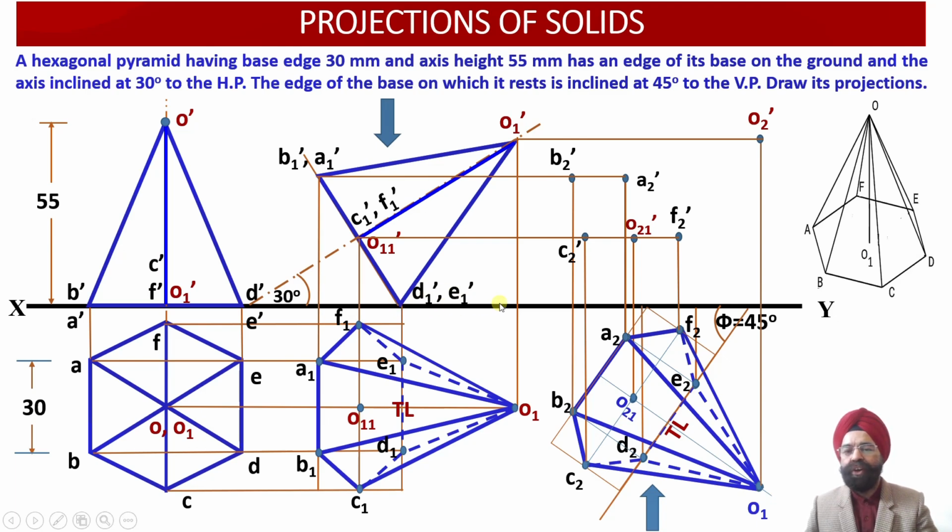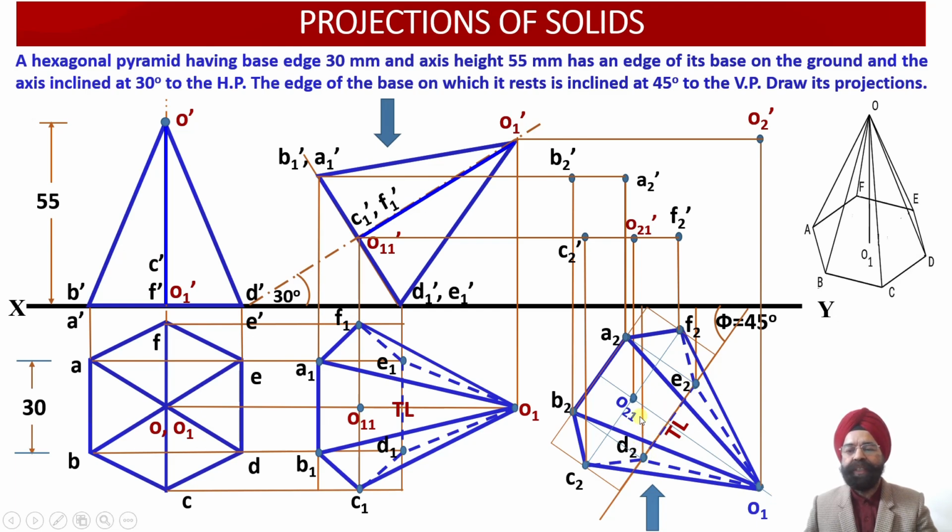So if we draw a horizontal projection line through D1 dash and E1 dash, they are going to coincide with the XY reference line. So this horizontal projector line emerging through D1 dash and E1 dash will be intersected by vertical projectors drawn through the points D2 and E2. This is D2, this is E2.